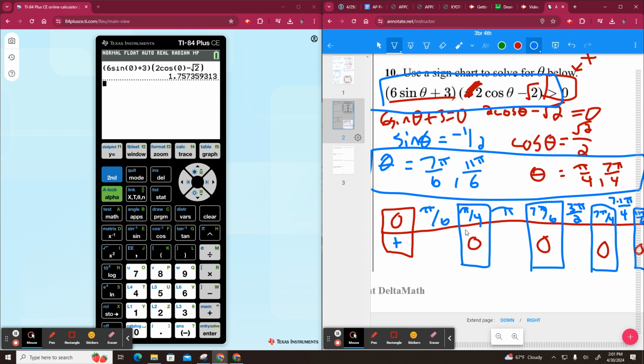And then when I'm looking at this next part, I would plug in pi over 6. So go up here. You don't have to insert like this, but you can go to second insert and go here and just make this a fraction. So delete this. So I can put in pi over 6.